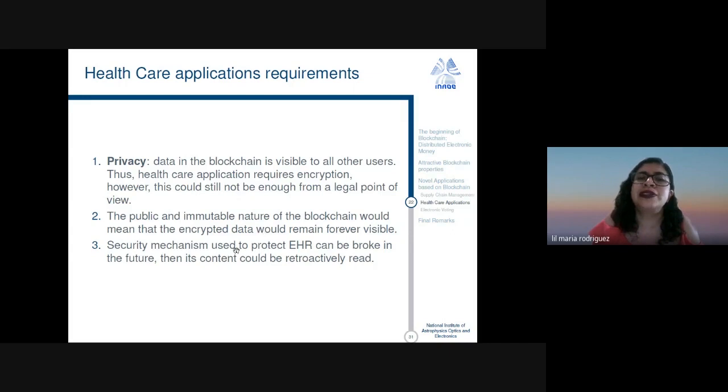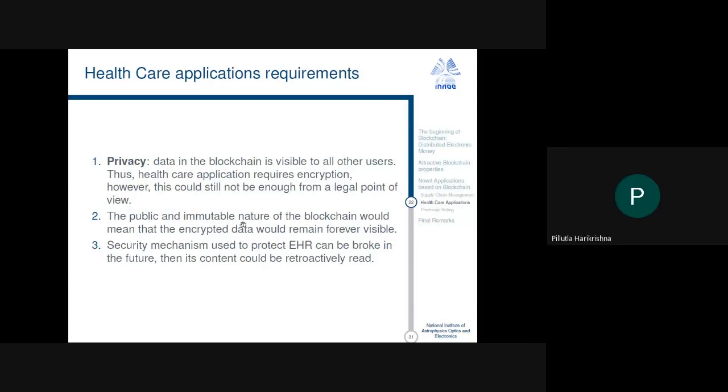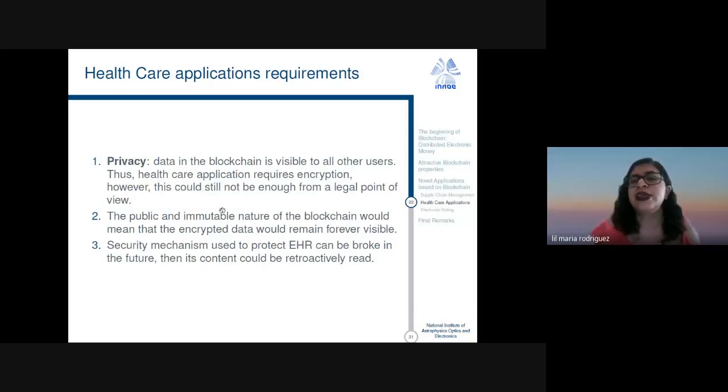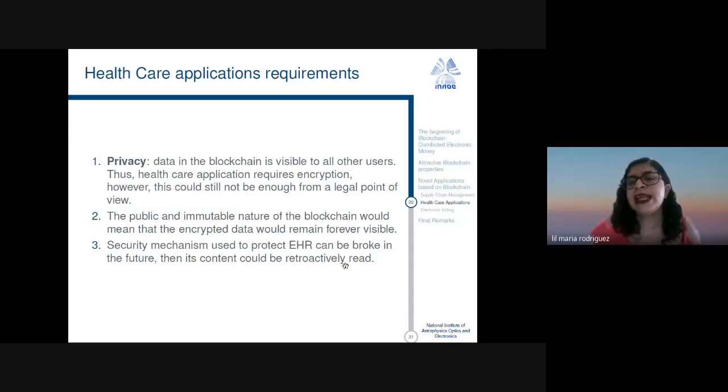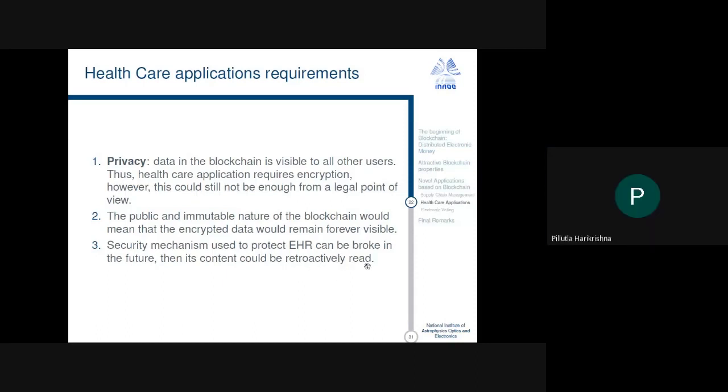Why? Because if this information is always there, then some of the cryptographic algorithms used to encrypt it can be broken, and then the content could be retroactively read, right?